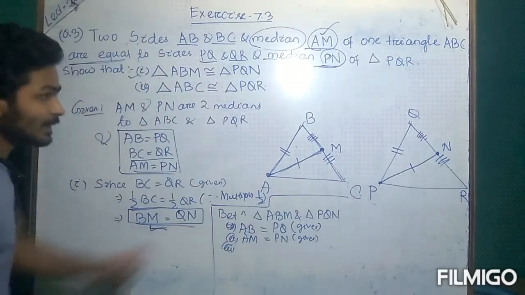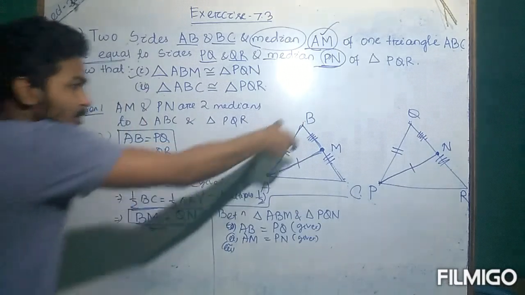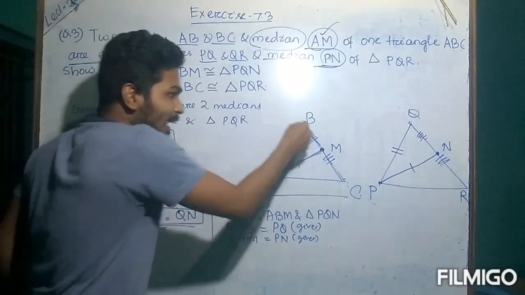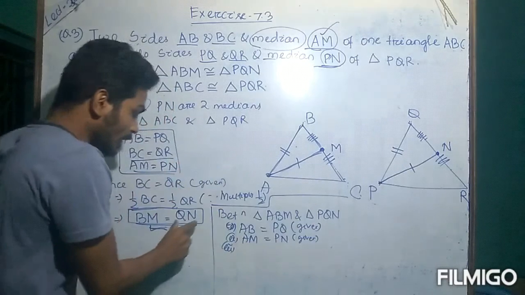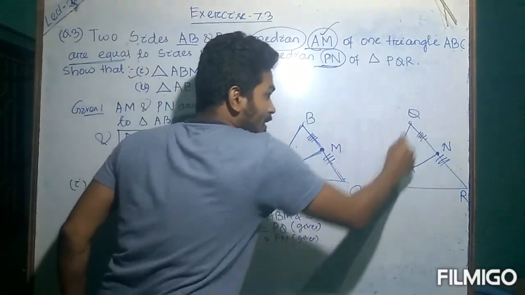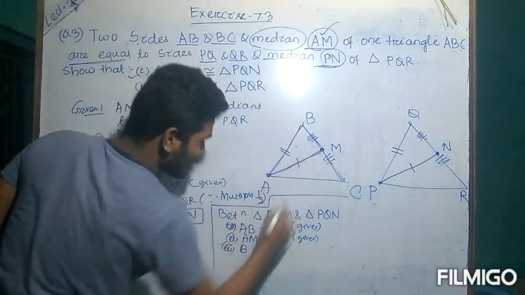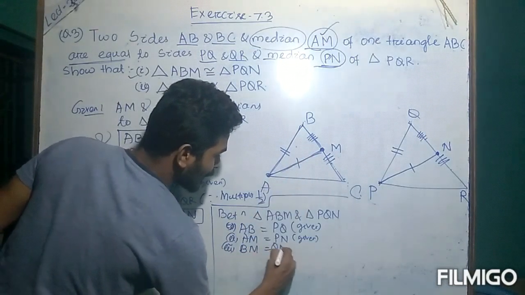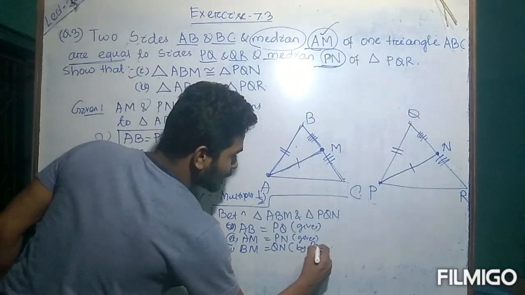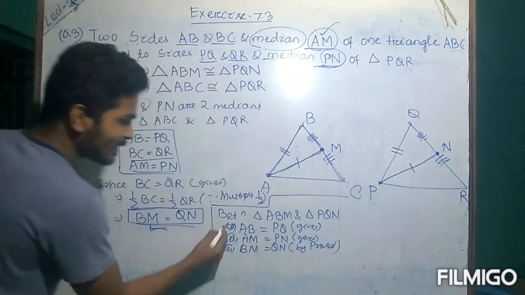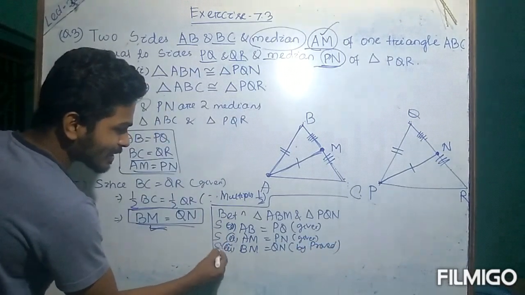Earlier we have proved that this distance BM for the triangle ABM is equal to QN for the triangle PQN, isn't it? Yes. So BM is equal to QN, by proved. So this stands for side, this stands for side, this stands for side.